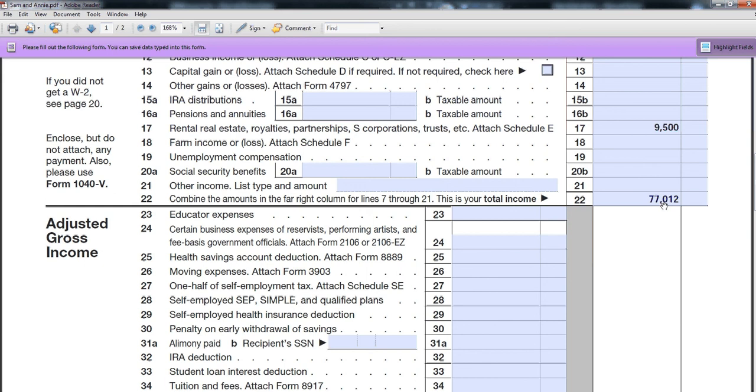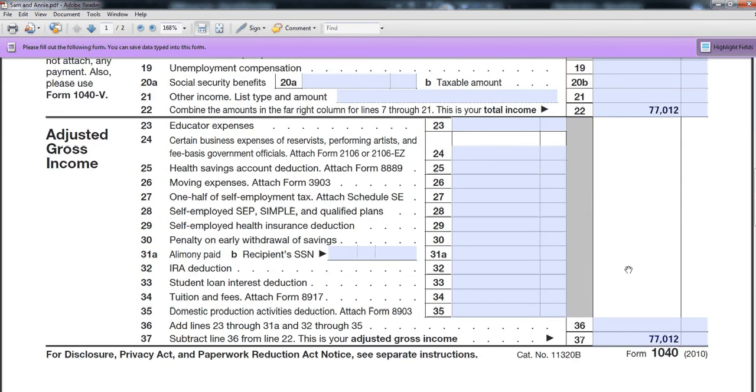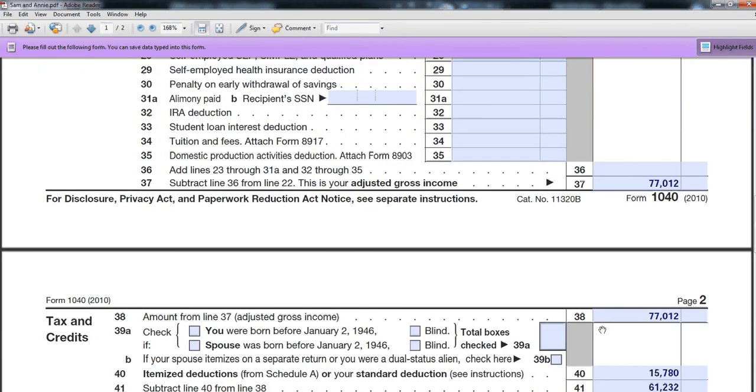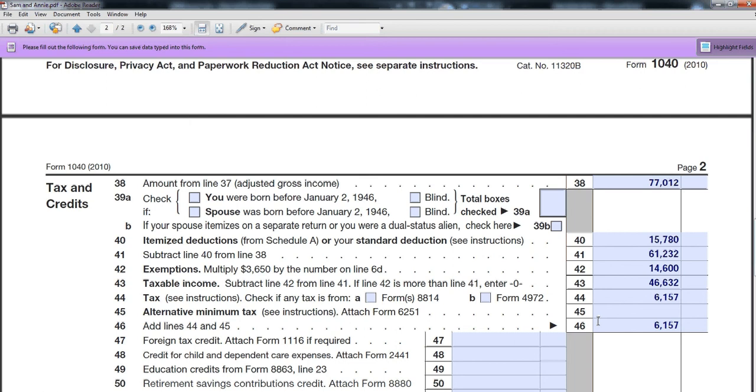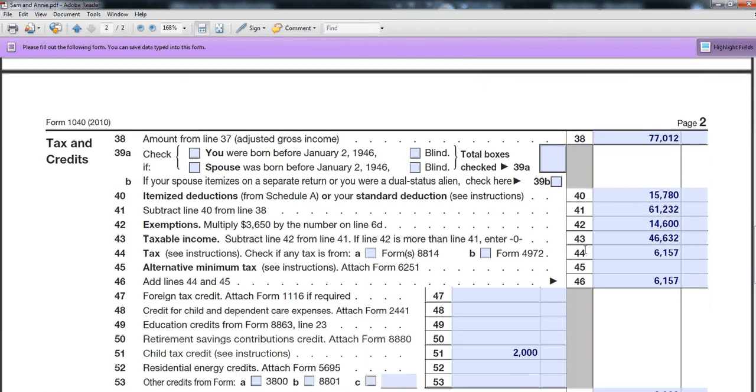Alright, so this is their total income on line 22. They didn't have any adjustments for AGI, so we won't deduct anything from there. And we're going to bring down our total income to line 37. And we're also going to bring it to the next page, to page 2 at the top of line 38. And we're going to enter on line 40 the total of the itemized deductions, which was $15,780.